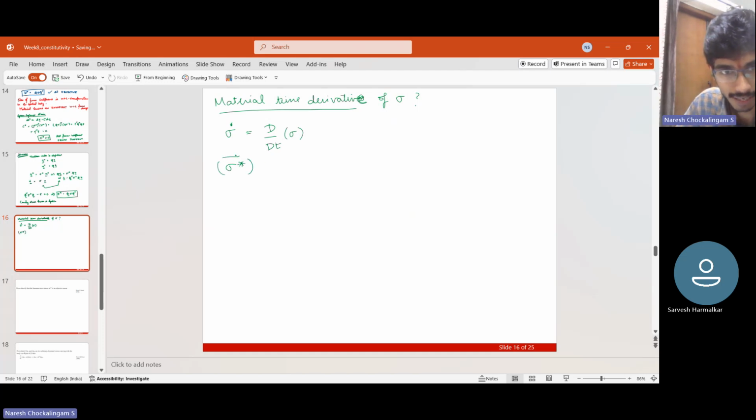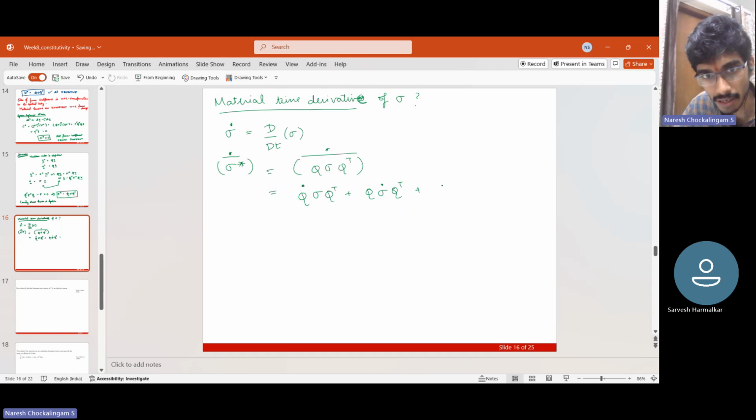Sigma star is nothing but Q sigma Q transpose, the whole dot. So use the product rule. This results in Q dot sigma Q transpose plus Q sigma dot Q transpose plus Q sigma Q transpose dot. So this is actually Q sigma dot Q transpose plus a certain tensor, which is Q dot sigma Q transpose plus Q sigma Q transpose dot.